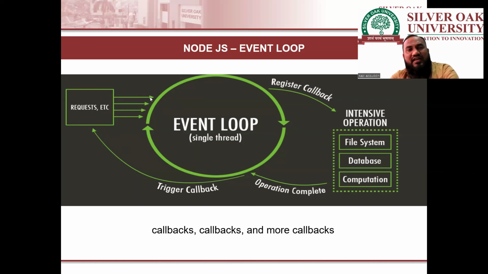Once a request is made for the file system, Node.js will handle that request and create a queue for it. The Node.js server receives this request and a background process starts for it. The second request, for the database, is also accepted, and in the background the database related task is executed. The third request, a computational task, is also accepted by the Node.js server and a background process starts. Once the database related task is completed, the appropriate callback function will be called and a response will be generated.